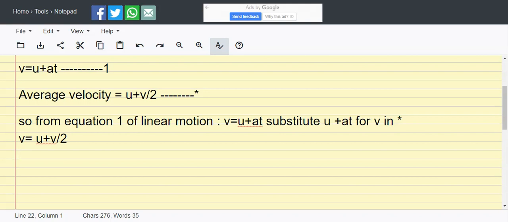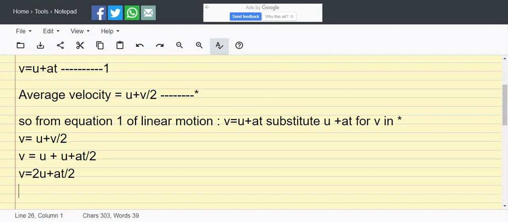So average velocity equals u plus u plus at, all over 2. So therefore our average velocity equals 2u plus at all over 2.